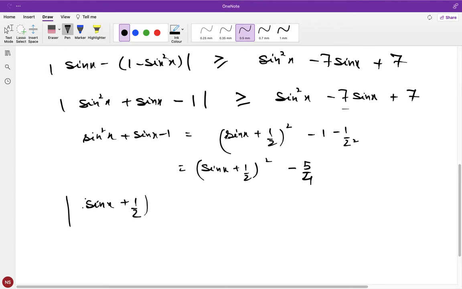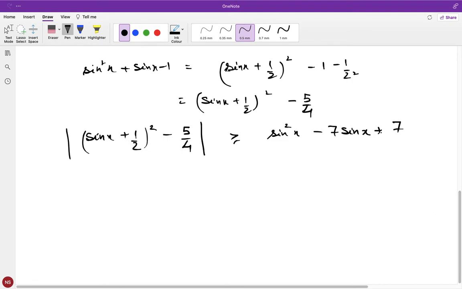(sin x + 1/2) whole square minus 5/4 is greater than or equal to sin square x minus sin x plus 7. Now we will do some thinking over here. Some thinking is required. What is the maximum value this whole expression can take? When sin x equals 1, this becomes (1 + 1/2) square, or it becomes 9/4.